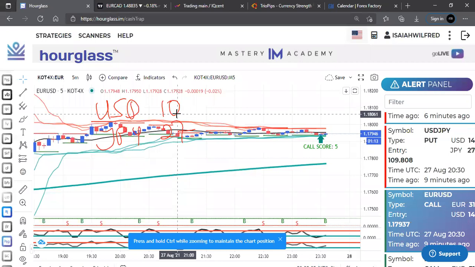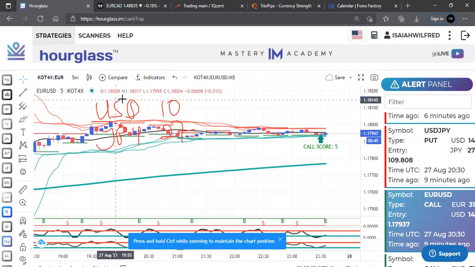Where do we see the Cashtrap? Mr. Divine, this thing we are looking at, this thing I've been explaining, is Cashtrap. Hourglass is Cashtrap.